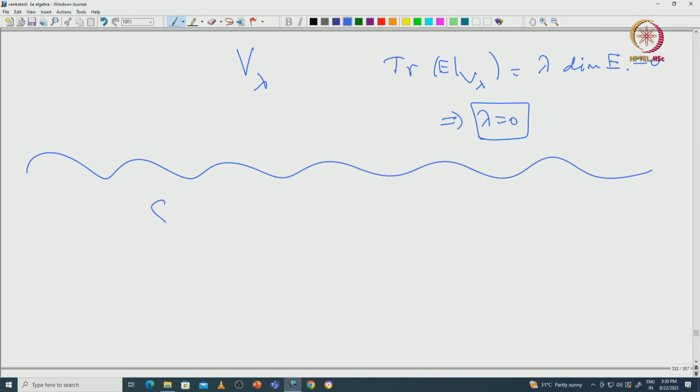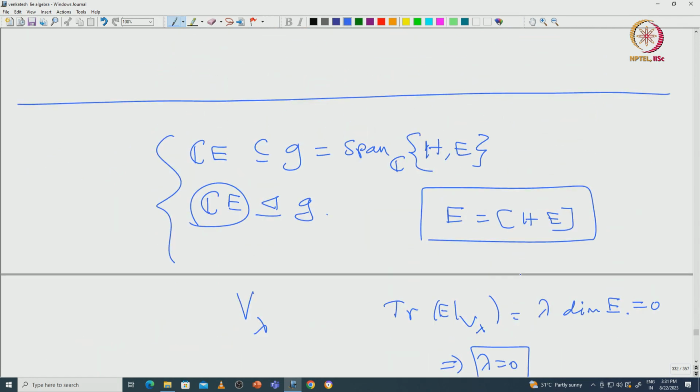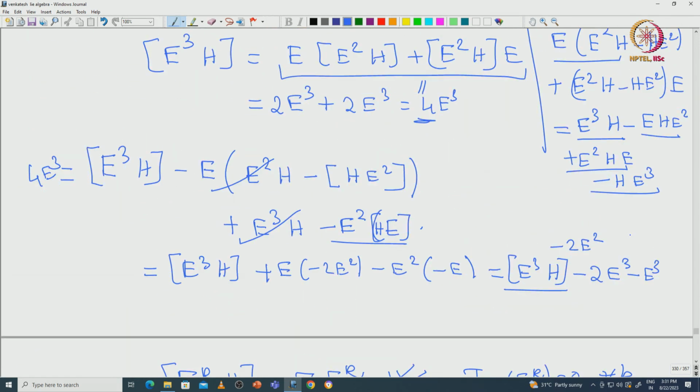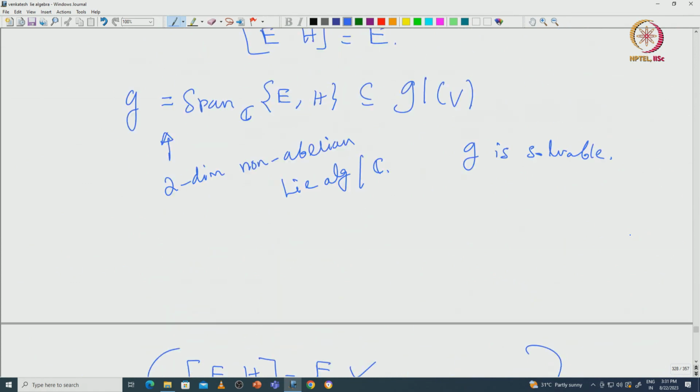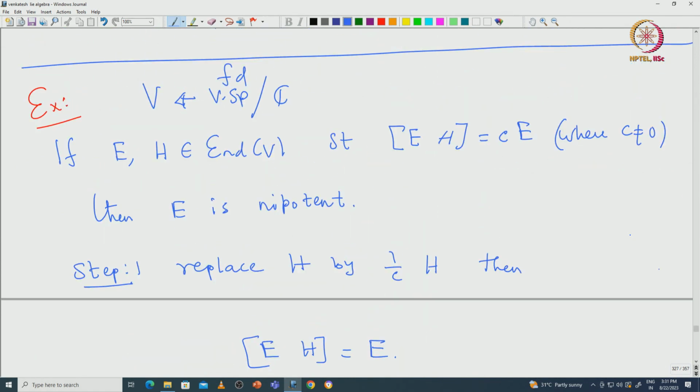But what does this fact immediately imply? You recall what is happening in sl2C. You write Hx equal to 2x. Similarly, Hy is equal to minus 2y. So this is exactly of this form. You go back to your original exercise: you have He is nothing but some scalar times E, and then you are claiming that E must be nilpotent.